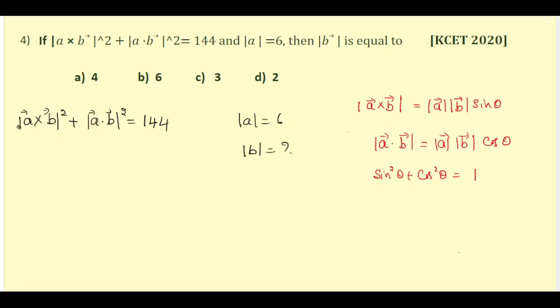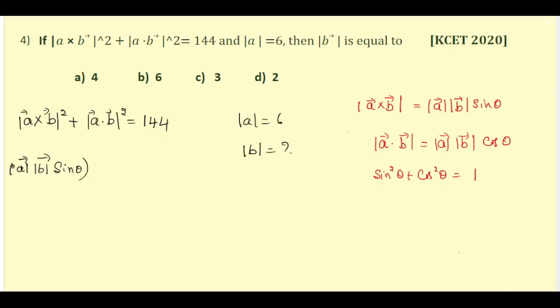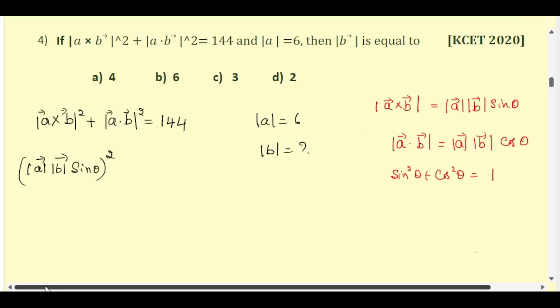Substitute this here, we get (A into B into sine theta) the whole square plus (A into B into cos theta) the whole square equal to 144.